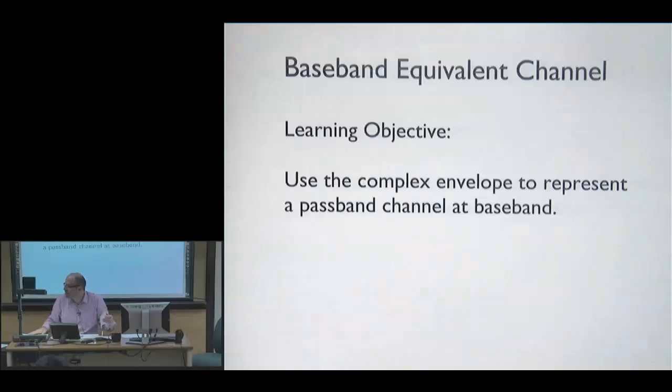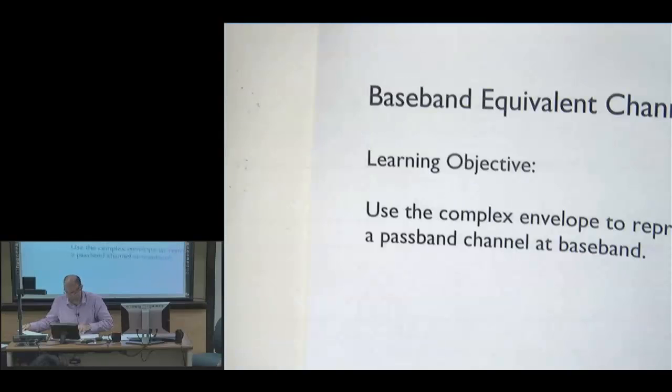So let's start off with the baseband equivalent channel. And I'm still using my printer paper from last semester.